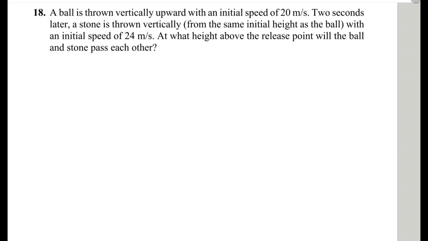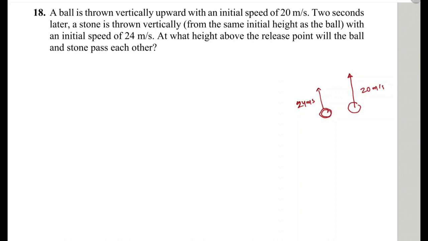So the situation is as this. We have a ball fired upward, this one here, with initial velocity equal to 20 meters per second. Now 2 seconds later, a rock is thrown upward with initial velocity 24 meters per second.